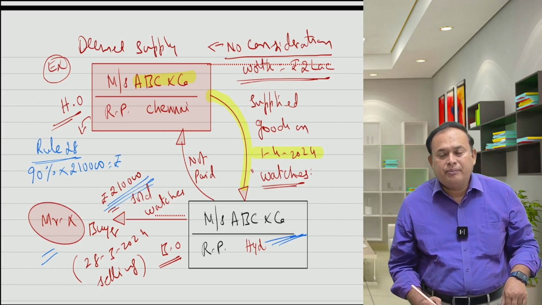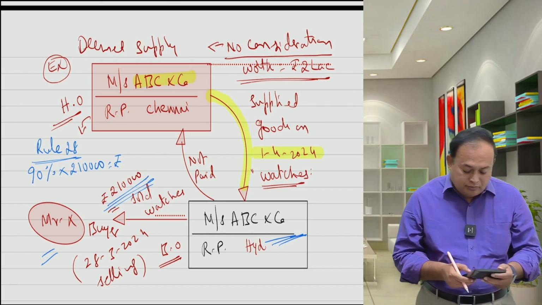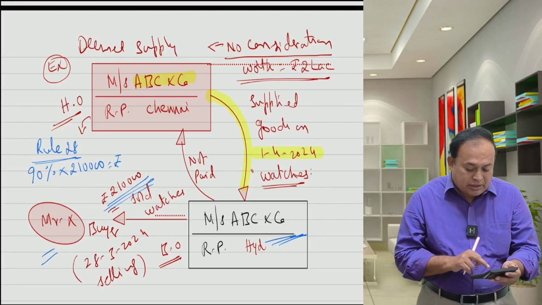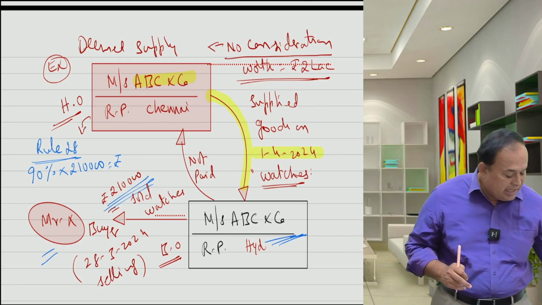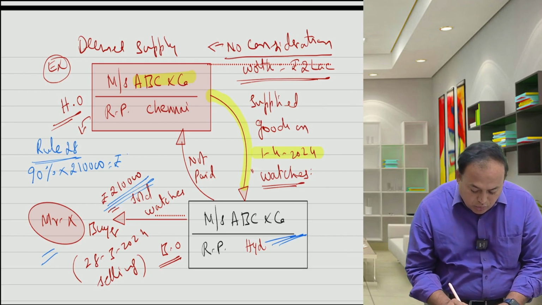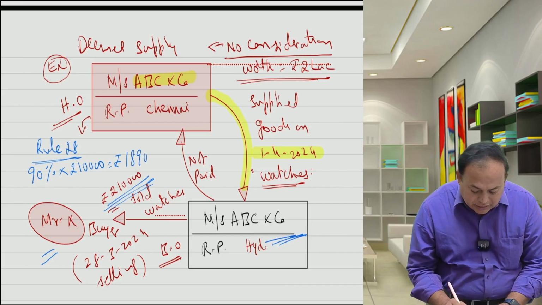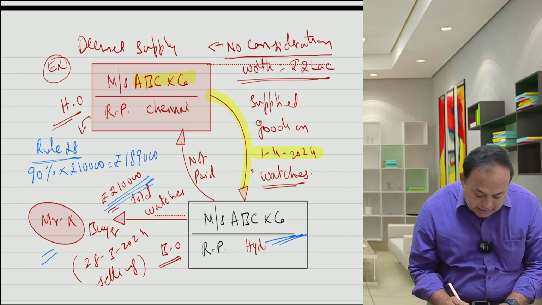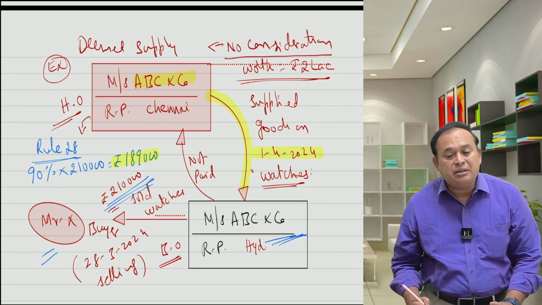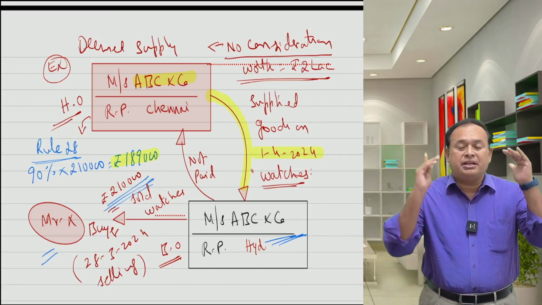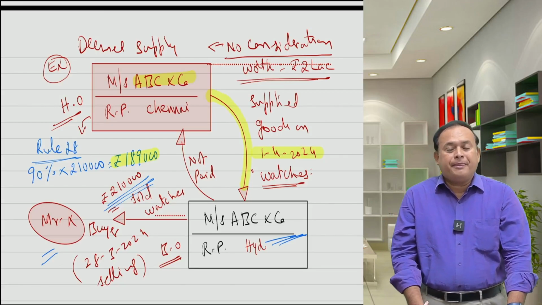Quickly. Two lakh 10,000 into 90% is 1,89,000. Here, this is the valuation in the hands of ABC and Company, Chennai, supply.